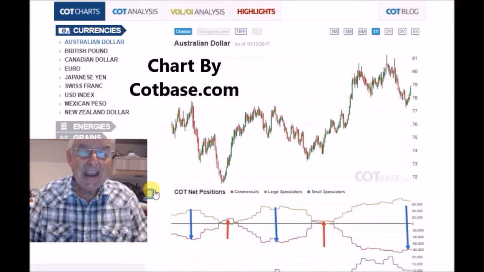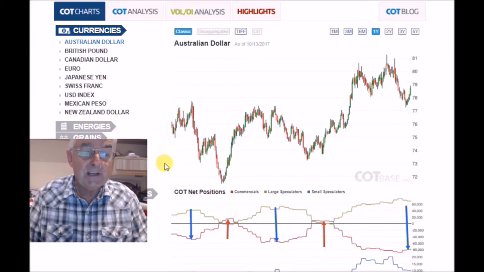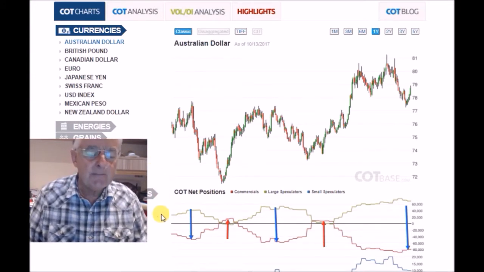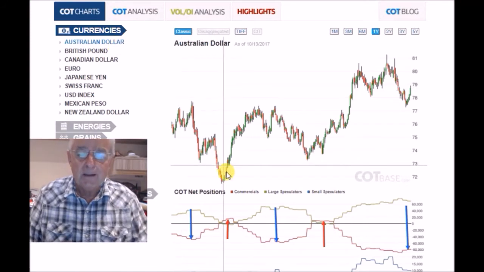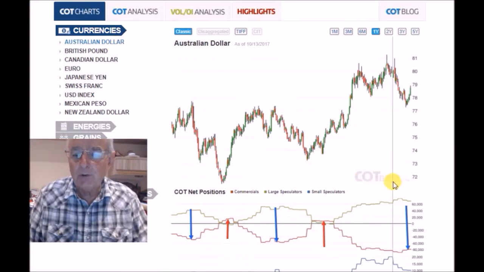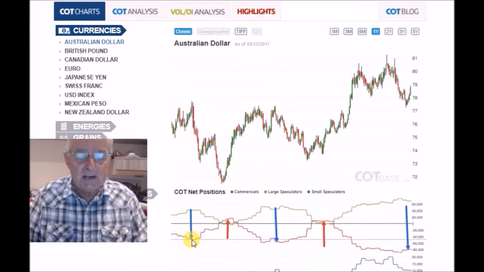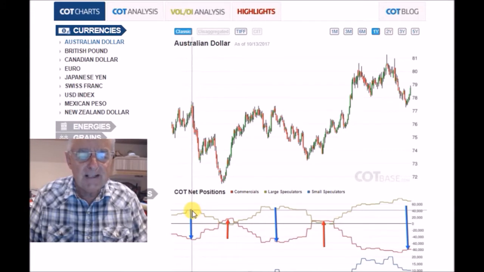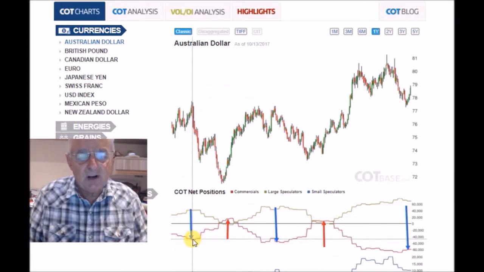And here we have a graph of the positions over 52 weeks, that's a year, for the Commitment of Traders of the commercials and non-commercials. And this is for the Australian dollar. This chart is produced by cotbase.com. And you can see here where we got to a low position with the commercials, and we're completely opposite to the speculators, and they've got a long position, so we're short.